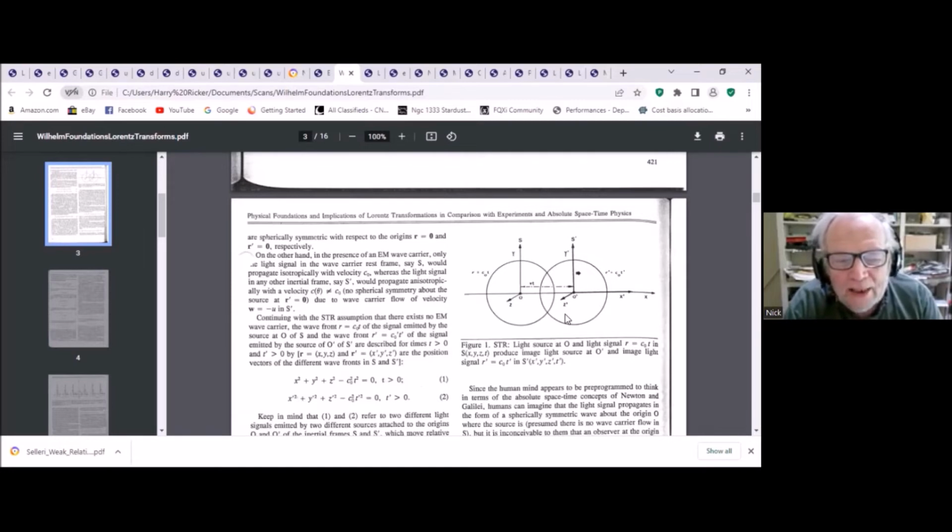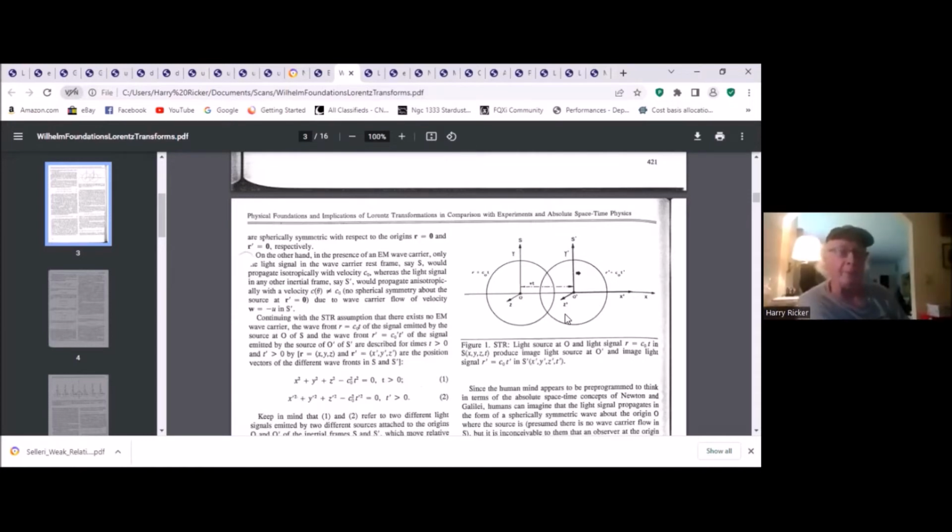So I think what Einstein was trying to do was say we have different observers, and the observers will observe the spheres to be... Well, you're trying to make excuses for him. That's not really what he says. What his theory says is physically you have two spheres propagating from the origins of two relatively moving frames of reference.